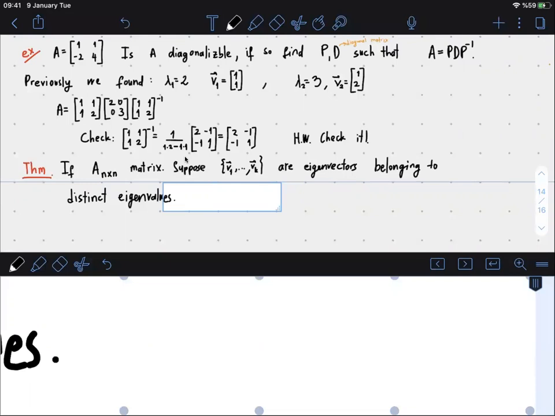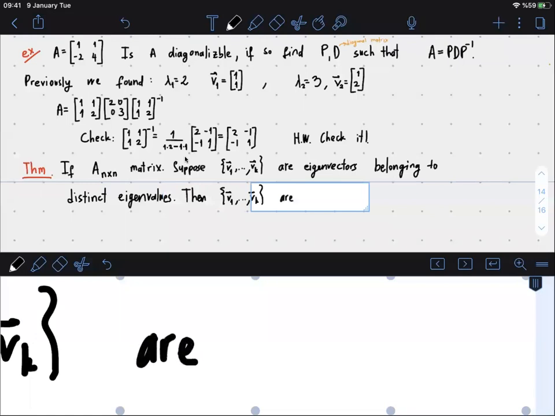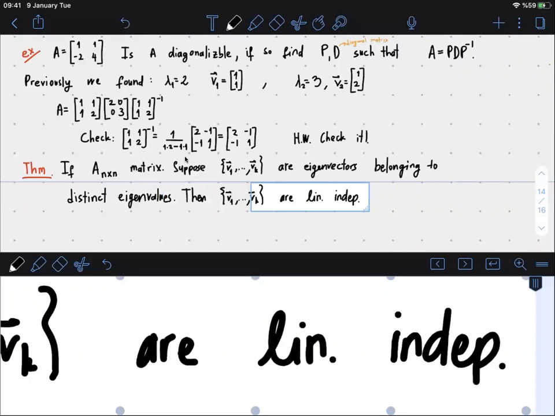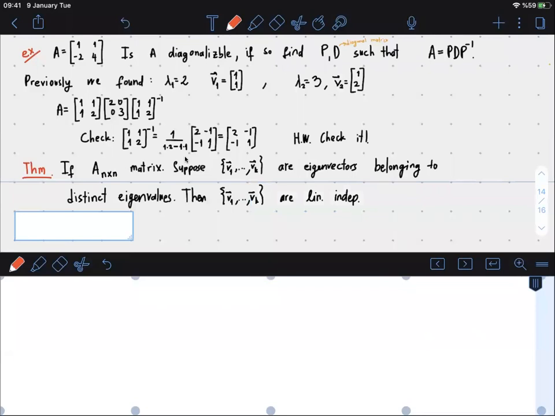In this case, these vectors are linearly independent. This is not hard to prove, and you can check it from your book or the internet.